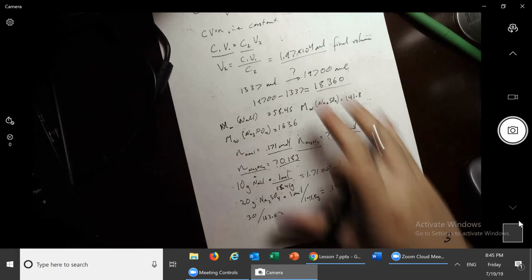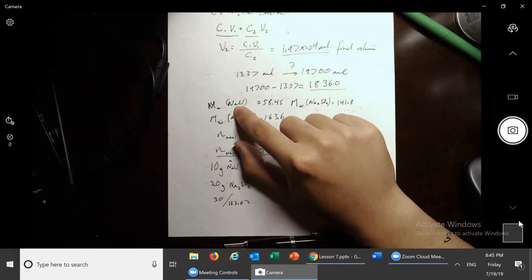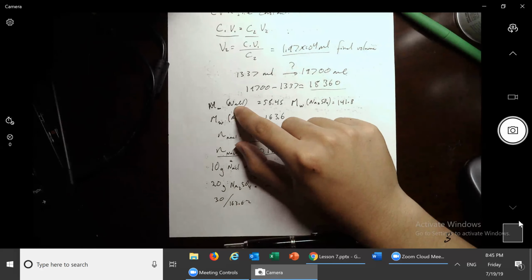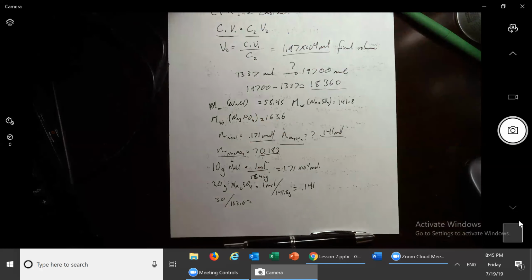Great. So how many moles of sodium do we have per mole of sodium chloride? So if I have 1 mole of sodium chloride, how many moles of sodium do I have? Look at the chemical formula. Okay. So how did you get 0.5?